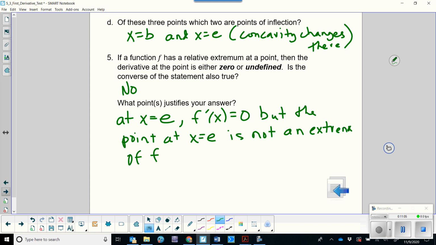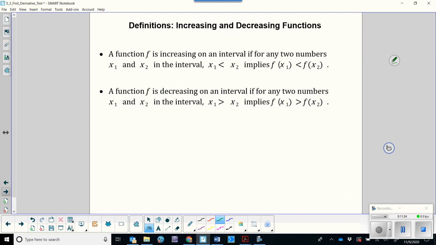So it is not an extreme value. So it's really important to remember that. If you have a relative max or min, the derivative must be 0 or undefined. If the derivative is 0 or undefined, it might be a relative extrema, but that is why it gives me the place to check.